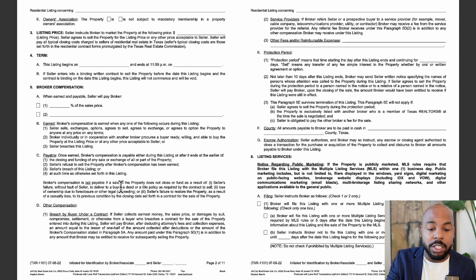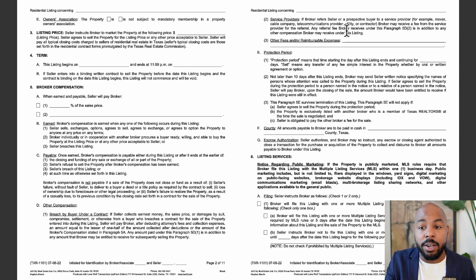Read this section of what you have to do to breach this contract. So if we go under contract, you collect the earnest money and then decide, okay, I just don't want to sell my house. Well, then you will probably be in breach of this listing agreement and the sales contract. And at that time, commission is still payable. So it's something that we would need to discuss, okay?